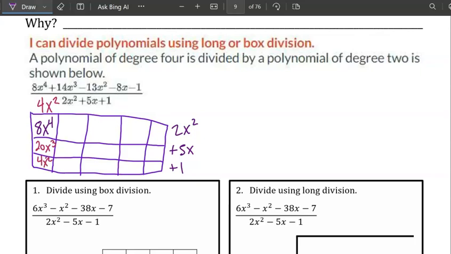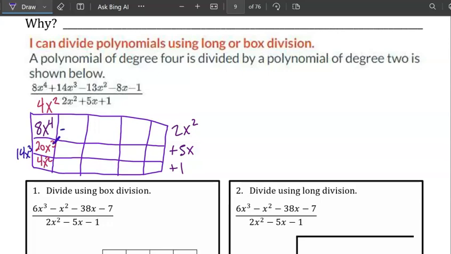From here, we will find what this box will be. 20x cubed plus something is going to give you 14x cubed. Well, 20 is too much, so we have to take something away. We'll take away 6x cubed because 20 minus 6 is 14.